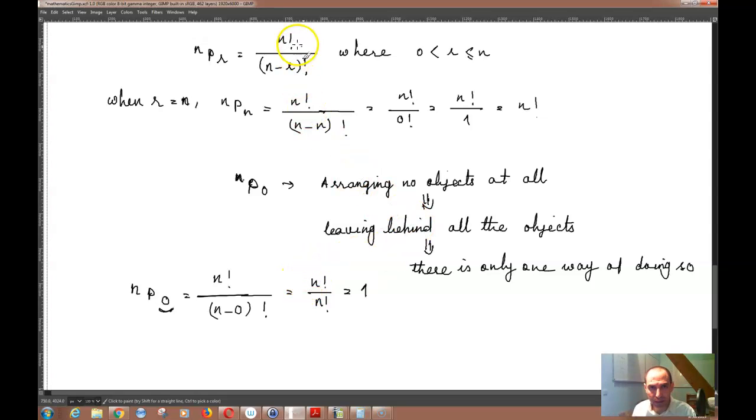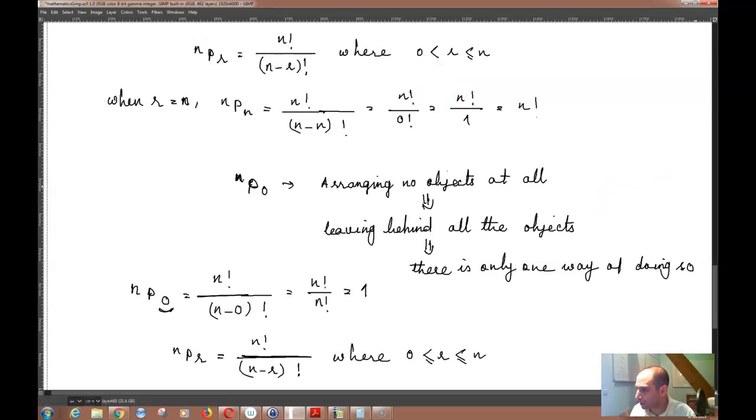And so we can say that this formula is applicable for r equal to 0 as well, meaning that I can write n permutation r is the same thing as n factorial over n minus r factorial, where 0 is less than or equal to r, less than or equal to n. So I added the equal sign over here. And that's the end of this part.